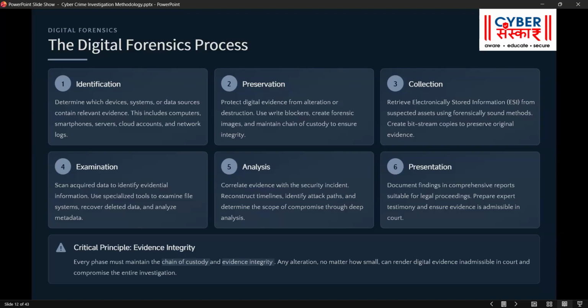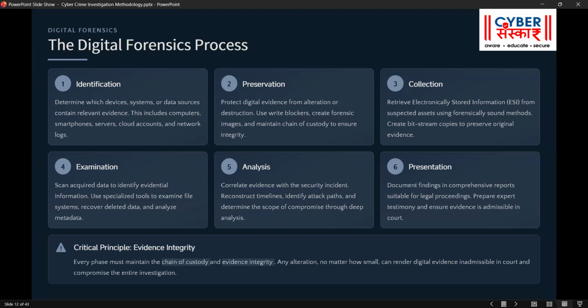When the evidence is collected, we have to make copies also, because it is possible that the digital evidence which we have collected may be destroyed for any reason, because when it becomes open, there are chances that it may change. So we should immediately make copies of the evidence which we have collected. So it is the collection of the evidence.